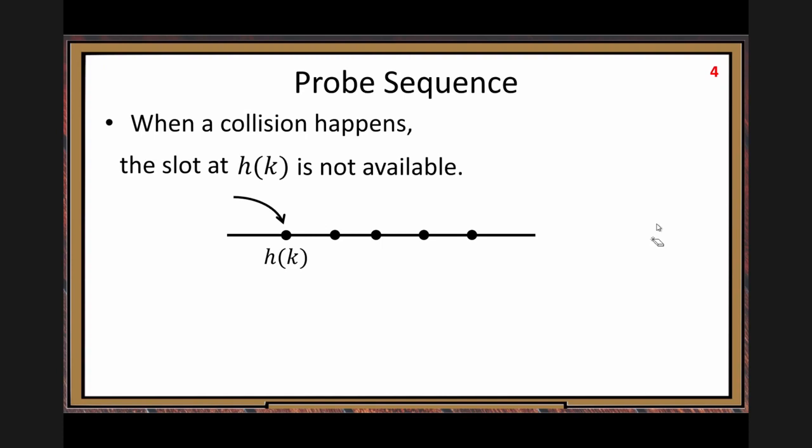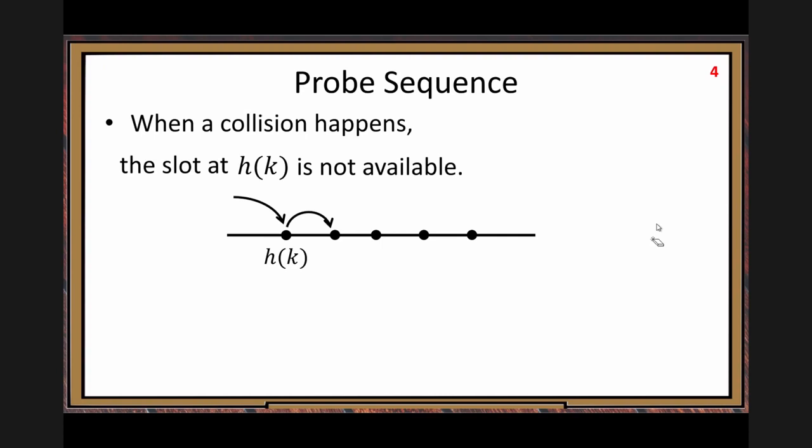When we check the slot, if it is empty or not, we find it is occupied. Then we cannot use the slot. We have to look for the next available slot.